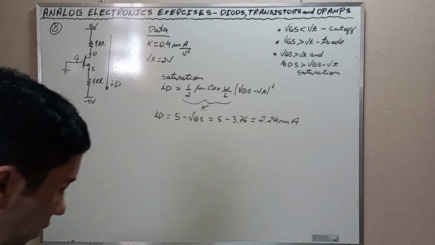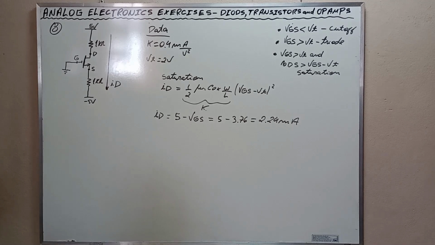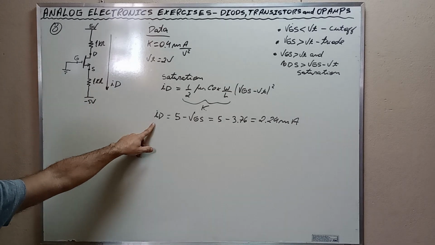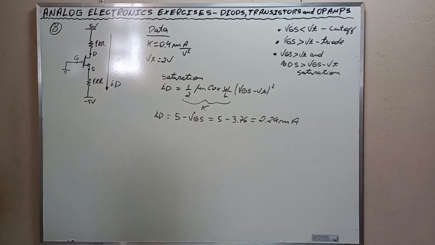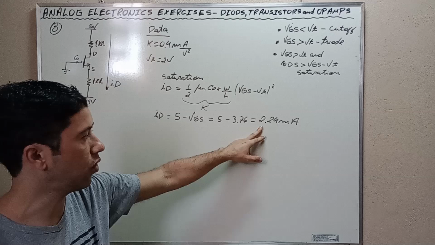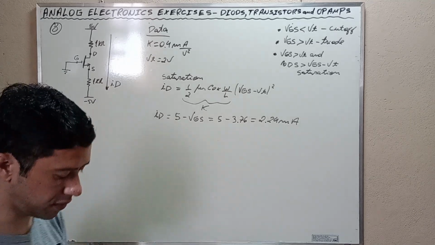Alright, my friends, this is the value of ID for this circuit. And this was what the exercise wanted, wasn't it? Find the value of ID. We could simply stop here because the exercise only wanted this.